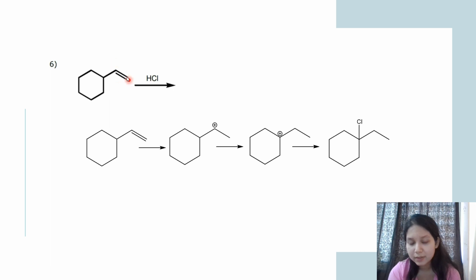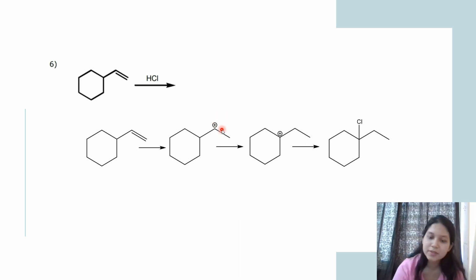The carbon-carbon double bond, the pi bond, will attack the hydrochloric acid and extract the proton, leading to the formation of a secondary carbocation at this position. You cannot add the hydrogen here and get a primary carbocation. So first you will get the secondary carbocation. We have obtained the first carbocation.